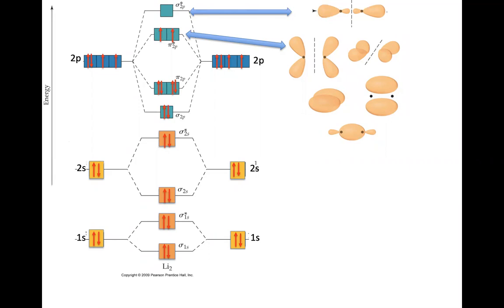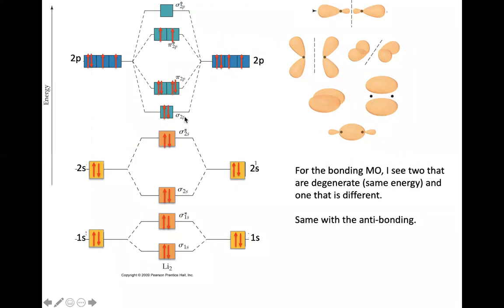So the thing that we practiced a little bit earlier, now we're seeing where those match up in the molecular orbital diagram. When I look at the ones formed with p orbitals, I see 2 that are degenerate, that have the same energy, and 1 that is different.